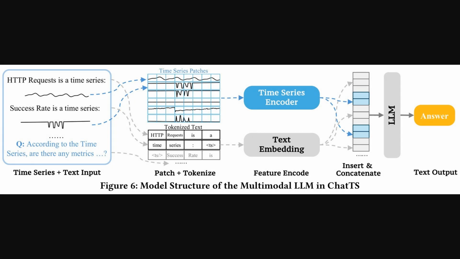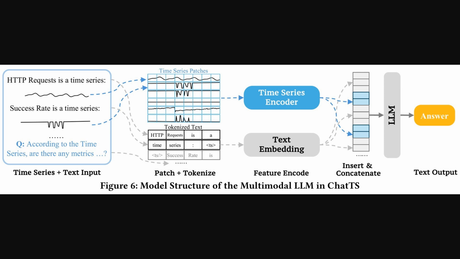Alright, so building on that normalization step we just saw, Figure 6 actually gives us a look at the overall model structure for ChatTS. You can see it takes in both the time series data, like those HTTP requests and success rate lines, and the text input, like the user's question. The time series get broken down into these smaller chunks or patches, while the text gets tokenized as usual.